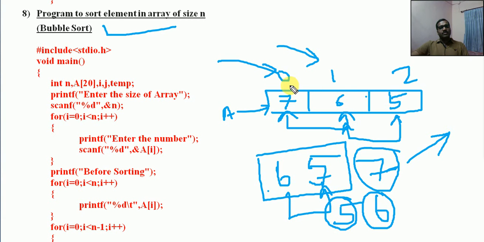So 0, 1, we don't need to go for this. Okay, so that you will see that will be reflected in the usage of loops. We need to use 2 loops. Then there you can see we don't need to go till the end of the indexes. We don't need to go till the last index.